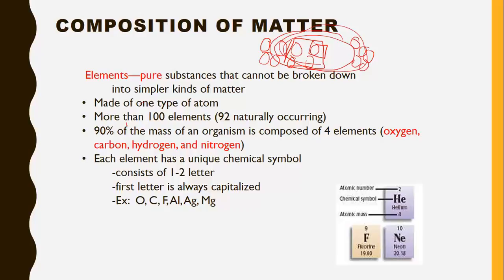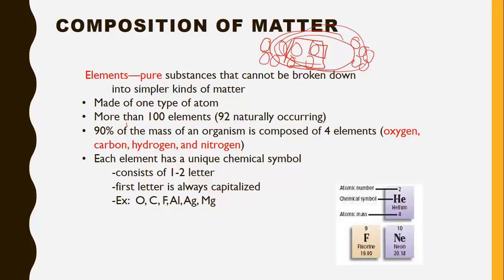So again, all elements are made up of one type of atom. There's this thing called the periodic table of elements, and it has all the naturally occurring elements that can be found in the world.